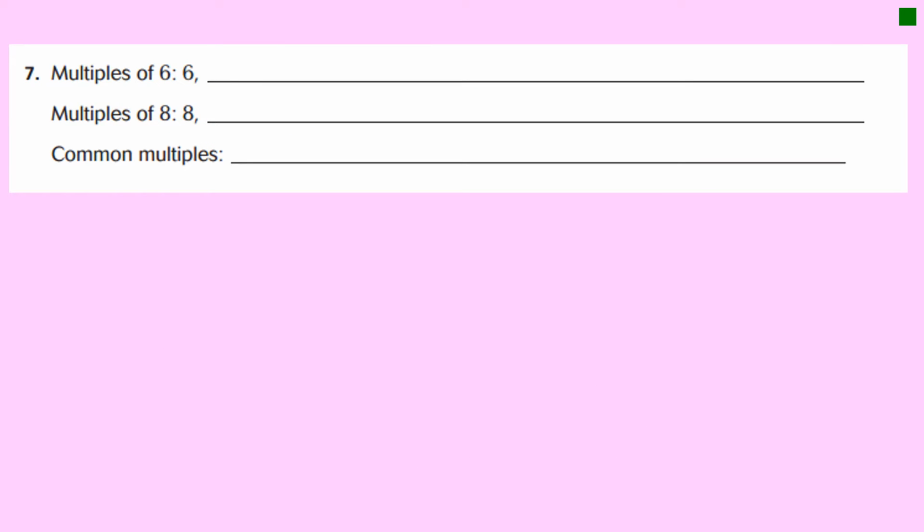All right, so multiple when you multiply. So here we are down at number 7. And it says in the directions, list the next 9 multiples of each number. Find the common multiples. So here's the first multiple of 6 is, of course, 6. 6 times 1. And here's the first multiple of 8.